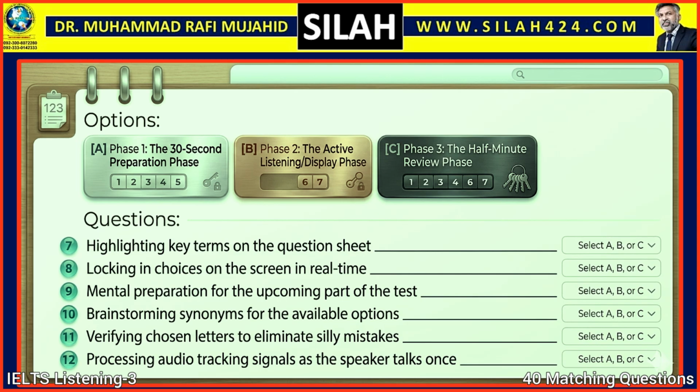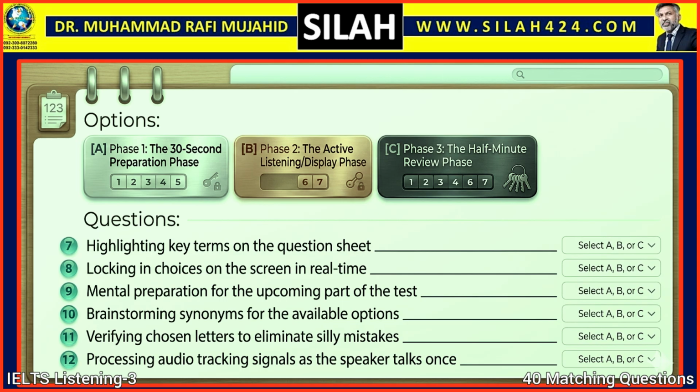You want to isolate the core words in the question stems so your eyes can track them easily. That makes sense. Should I just wait after highlighting? Definitely not. In those same 30 seconds, you need to look at your lettered choices and start brainstorming synonyms for the available options. The audio will use different words than what is written on the screen, so you need to anticipate those changes early. Got it.